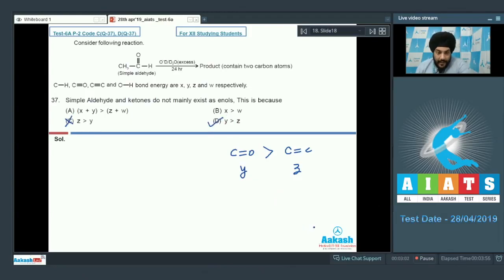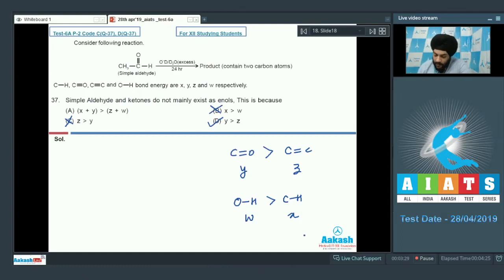Now if we talk about the CH and the OH bond energies, we know that the OH bond is stronger than the CH bond, which means that OH, which is represented by W, is going to have a greater value than X. So the B option is incorrect, students. X is not more than W, it is W which is more than X.